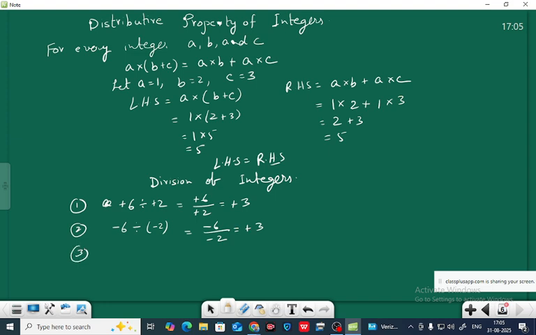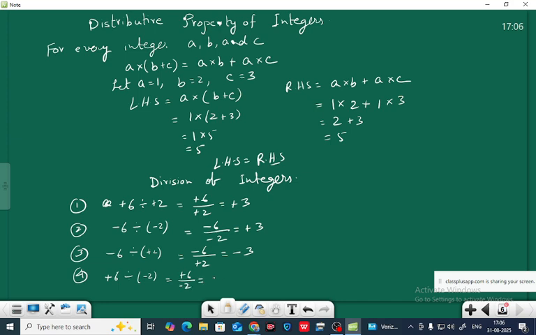And number 3, suppose here we write minus 6 divided by plus 2. Minus divided by plus is always minus, and 2 threes are 6, minus 3. And number 4 is plus 6 divided by minus 2.